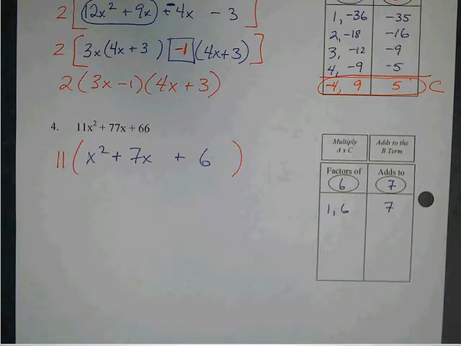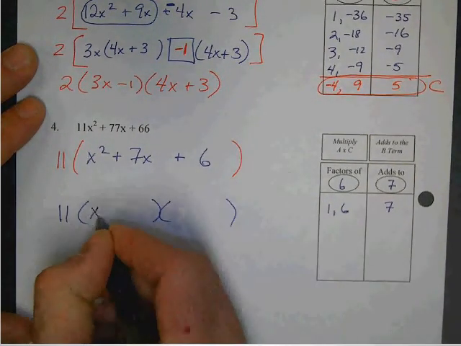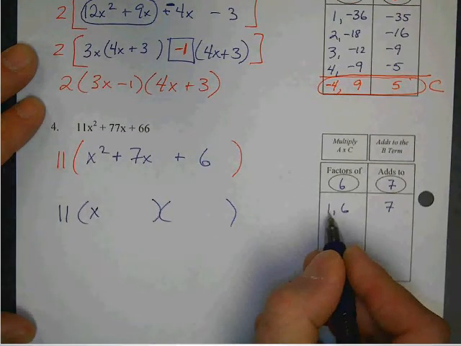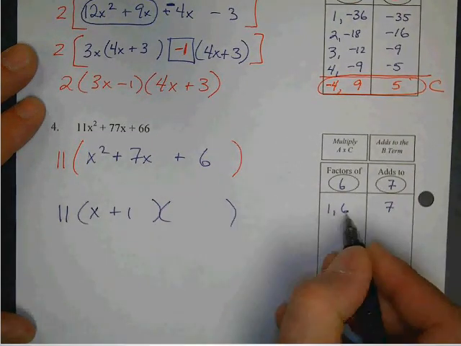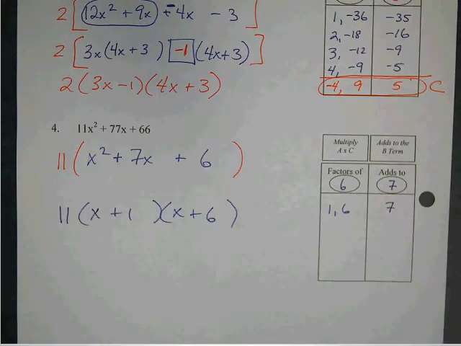Yes. Then your factors are a direct result of these two numbers, 1 and 6. And your answer is immediately written like this. X, is that a plus 1? And is that a plus 6?